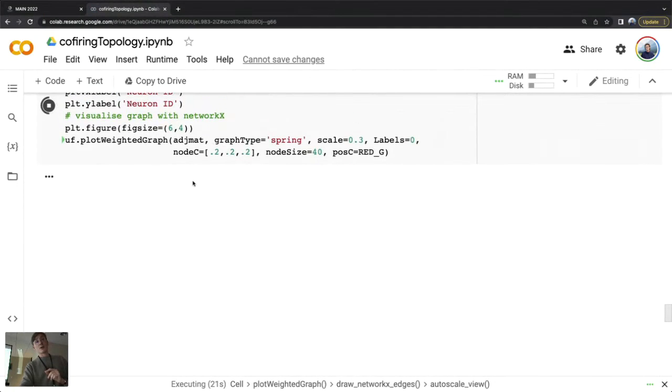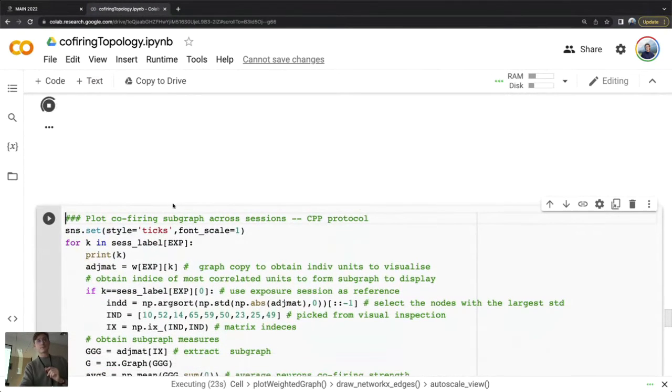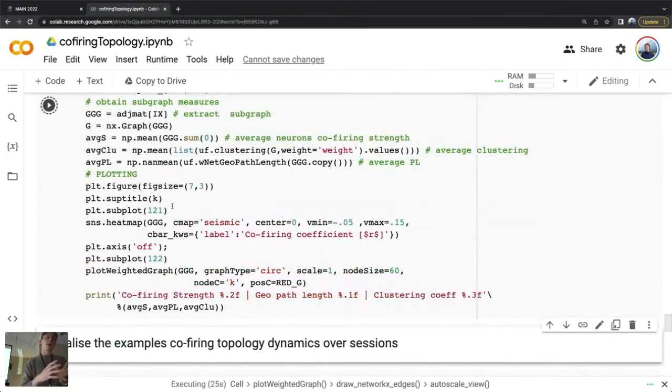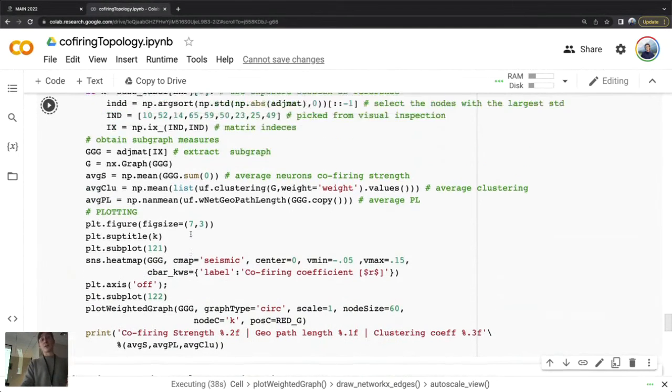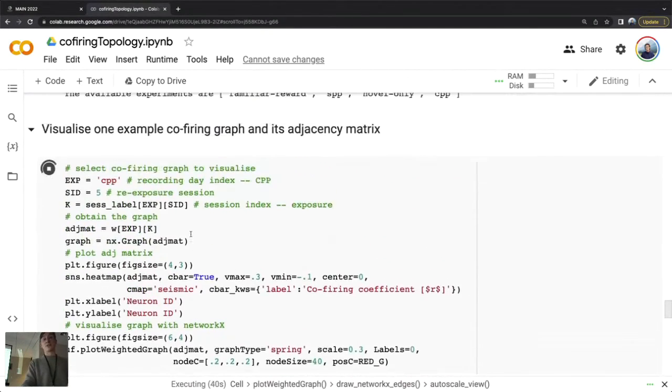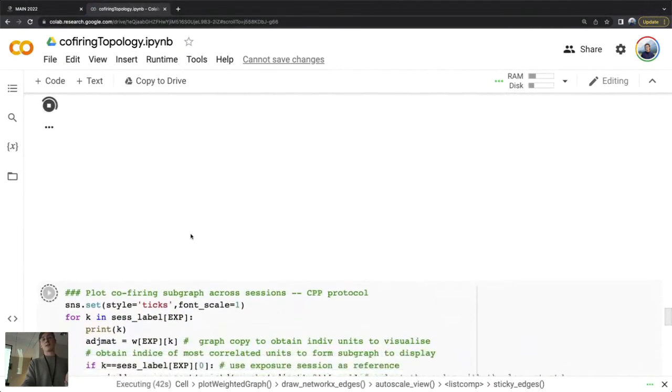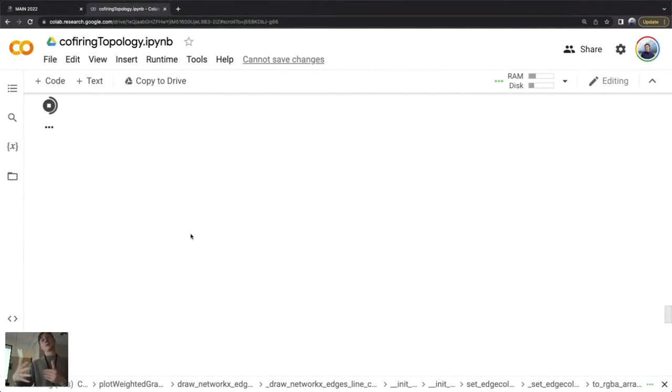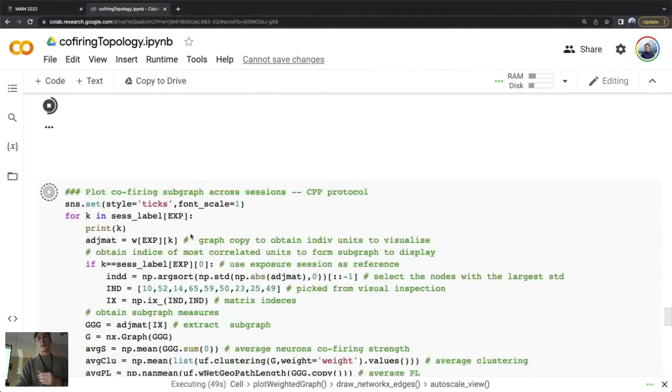And later on, when this is run, I'm also showing you the sub network of just 9 neurons, where you can better appreciate the dynamics in their cofiring structure and how it changes as the session, and so the environment, changes as well.